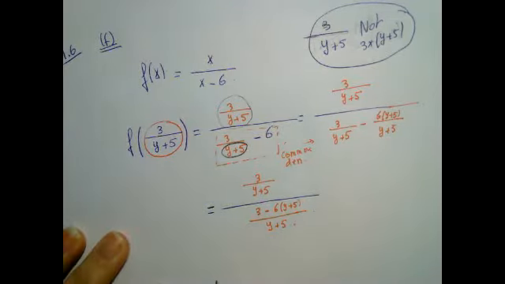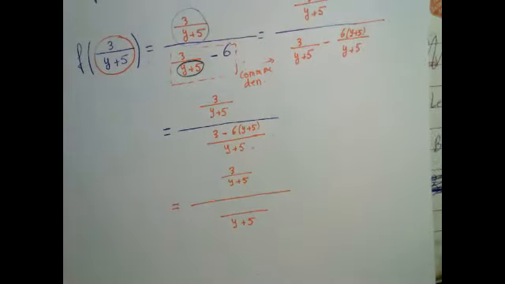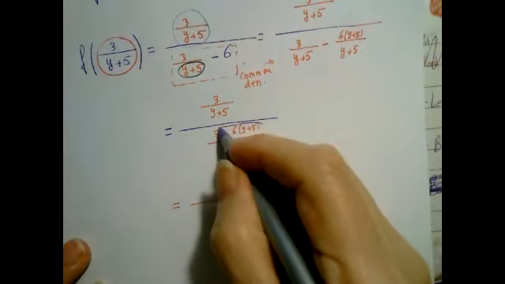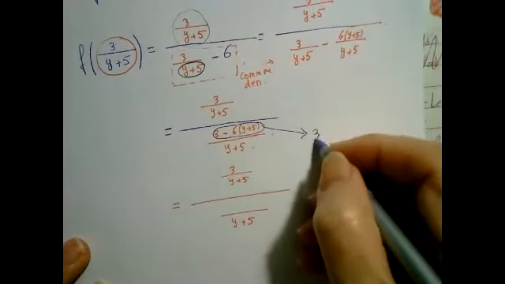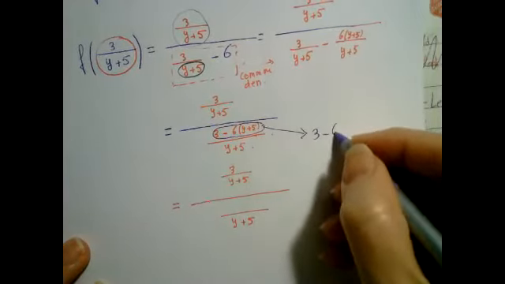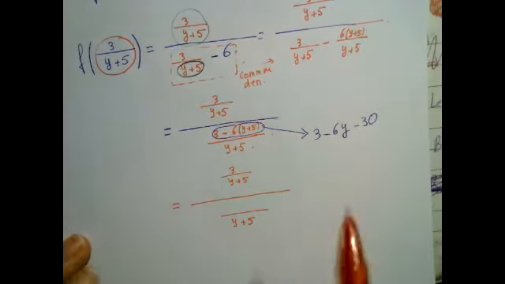Now at this stage, what I want to do, I'm almost done if you want. This piece here, we're going to multiply it out. Let's see what this gives me. This is 3 minus 6y minus 30 because I distribute.